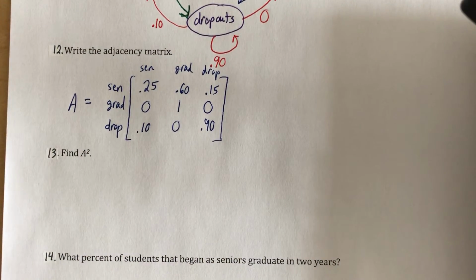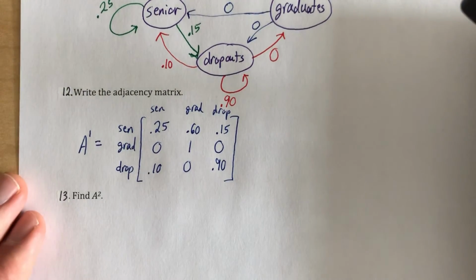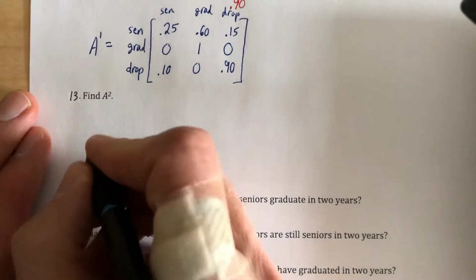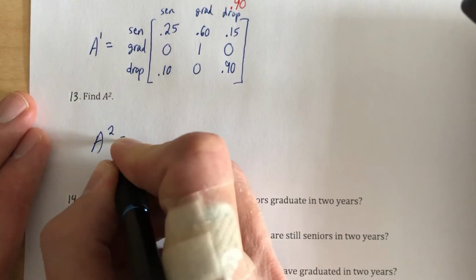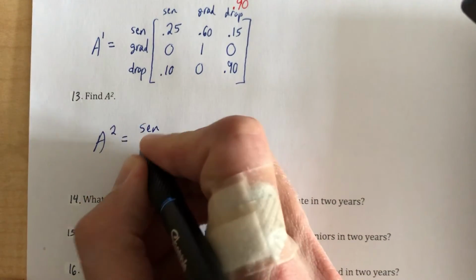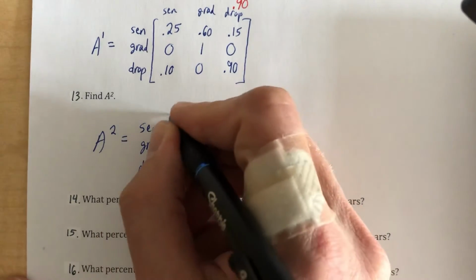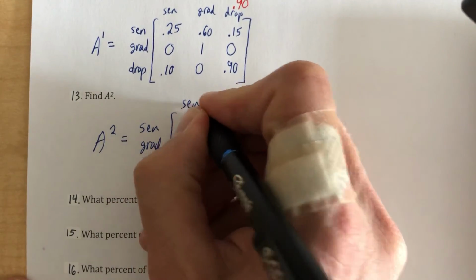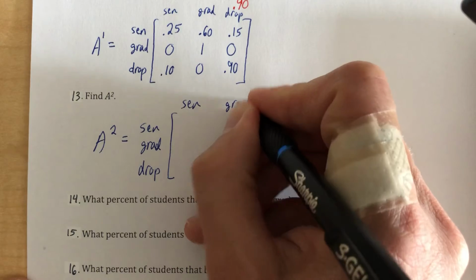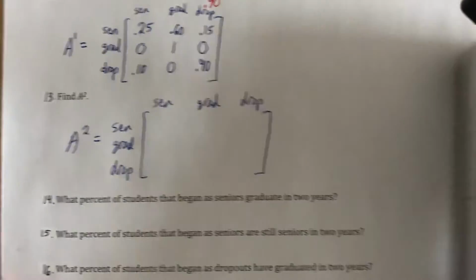All right, let's pause for a second. At the end of each 1 year, this is what happens. So if I want to know what happens at the end of 2 years, you know what we're doing here, right? So seniors, graduates, dropouts, seniors, graduates, dropouts, and I've squared it.